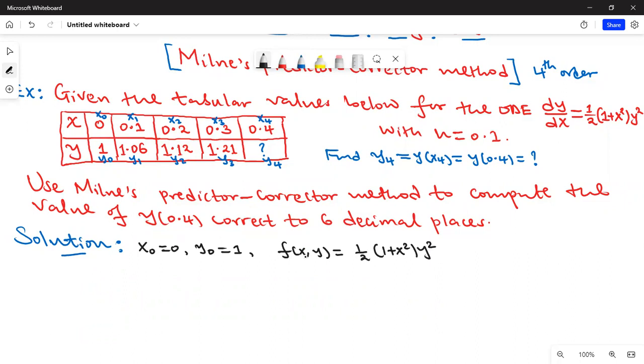So we start with the predictor formula, get the value of y4, and then use the corrector formula to correct the predicted value, or simply to obtain the most accurate value of y4.